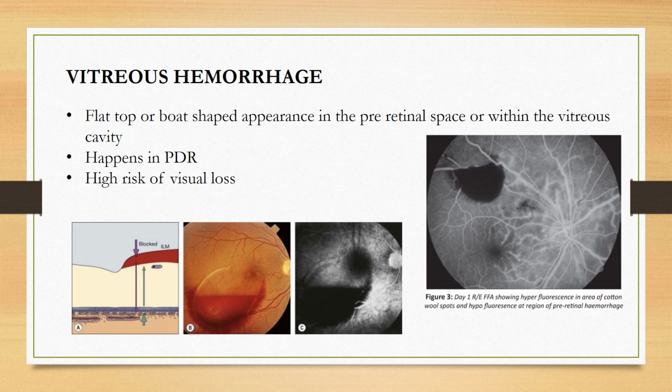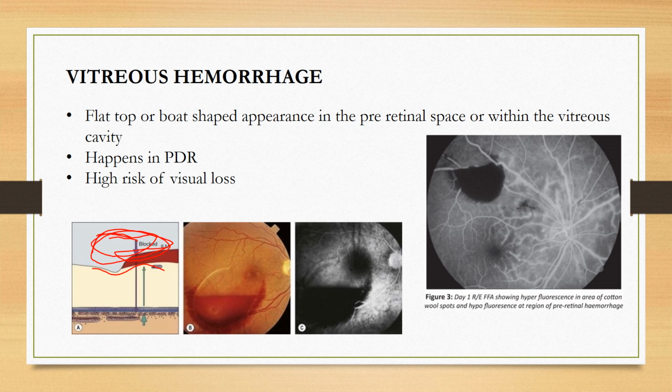So then comes the vitreous hemorrhage. Previously we have seen what is retinal hemorrhage. Here it is vitreous hemorrhage. What vitreous hemorrhage is, there will be too much blood accumulated in the vitreous cavity. So in between, this is the vitreous, this is the retina. Here there will be too much blood.